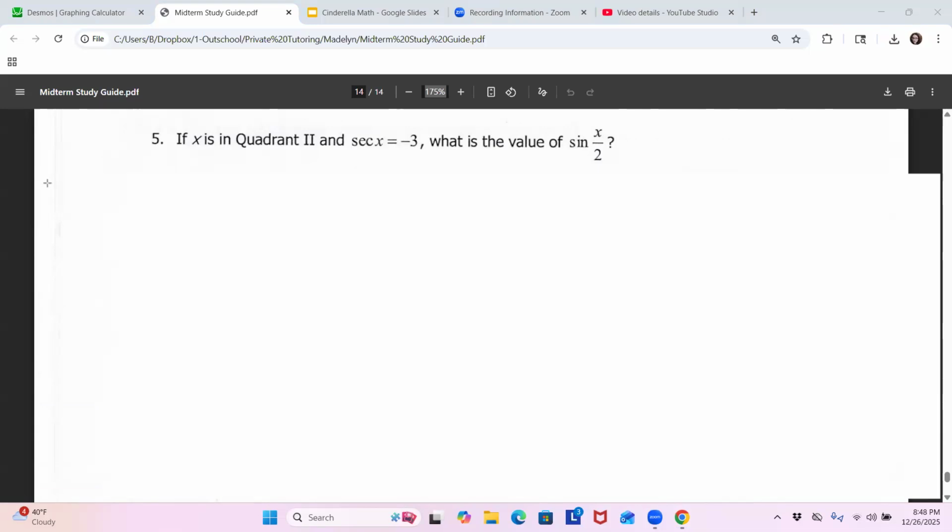So we're going to come to our formula sheet, and we're going to look up the half angle formula for sine. I'm just going to Google that on my phone because everybody has a different cheat sheet. If you don't have a cheat sheet, just Google trig formula cheat sheet, and many will come up, and we're going to come to the half angle for sine.